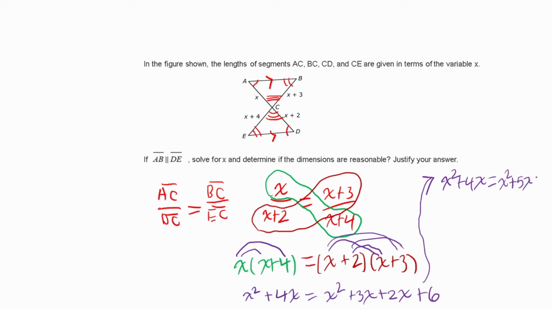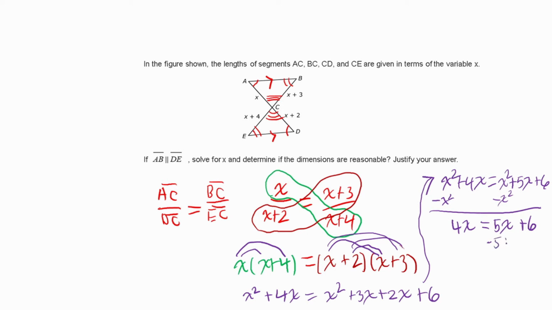And then finally, plus 6. Now, one thing we notice is both sides have this x squared. So we could subtract x squared from both sides, and they cancel each other out. And then we're left with 4x equals 5x plus 6. Now, last but not least, we want to get our x's together.